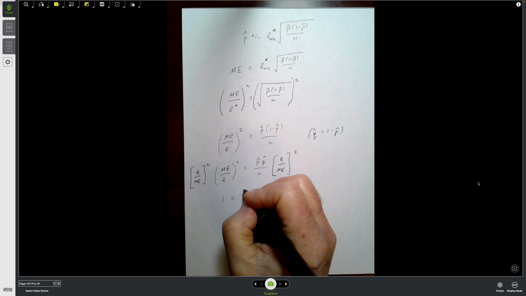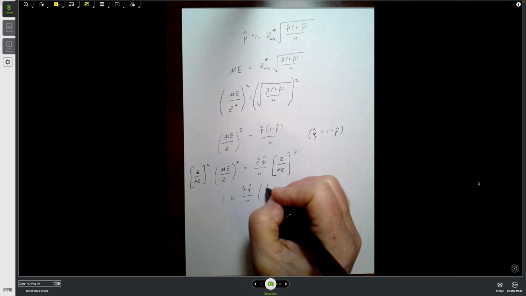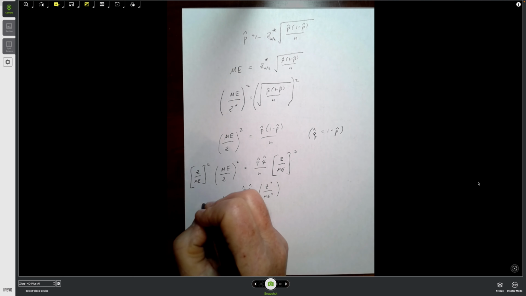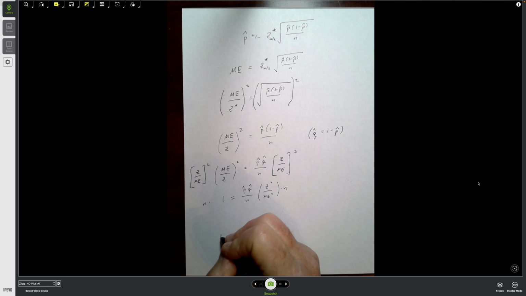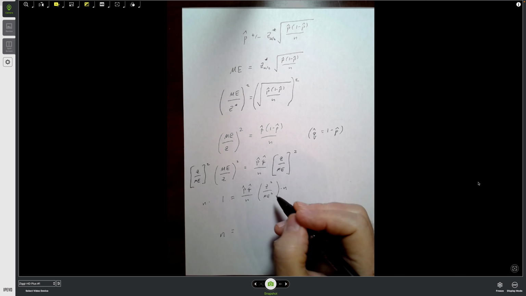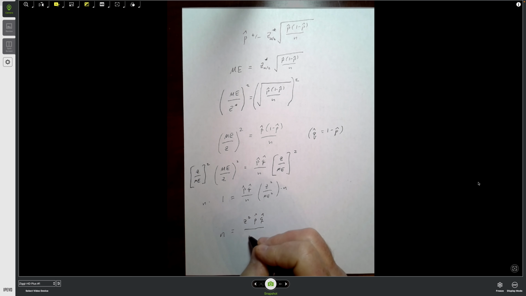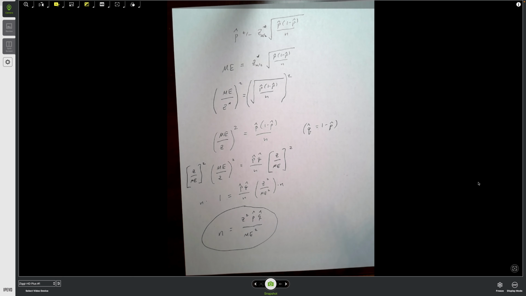And on the right-hand side, I get p hat q hat over n times z squared over the margin of error squared. Now I can multiply both sides by n. So I get n equals z squared times p hat q hat over the margin of error squared. This gives us a formula that we can use to find sample size.